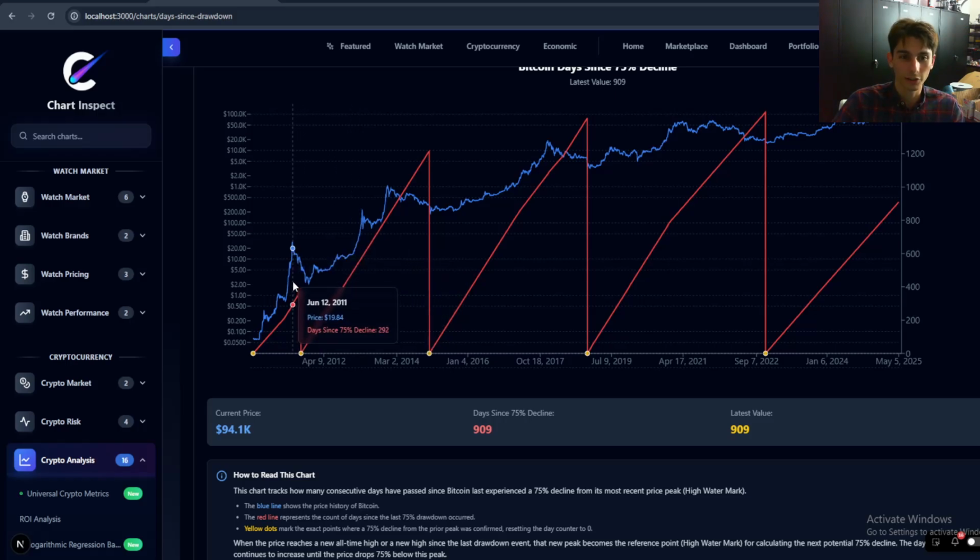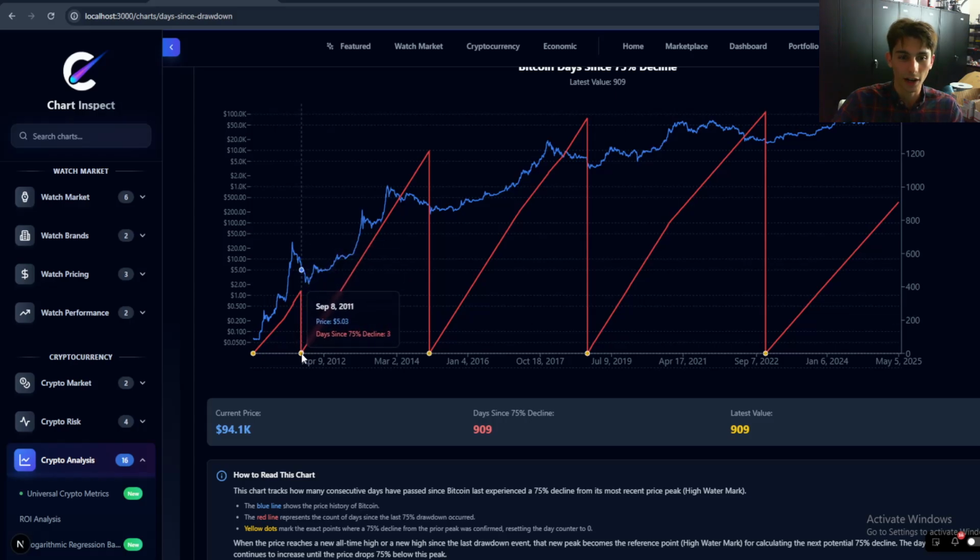So if we take a look at the first cycle here in 2011, you can see that starting from zero, I actually don't really have all the data, but this is a good enough representation. So the reference points are the yellow lines, and the red line represents the count of days. If you go up to the amount of days, it peaked at 365, give or take a few days, 10 days or so.